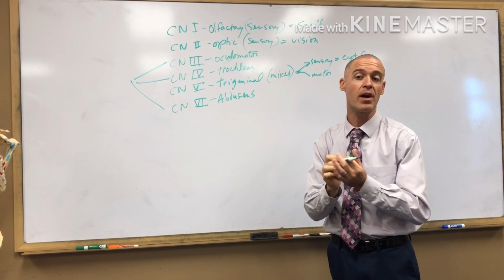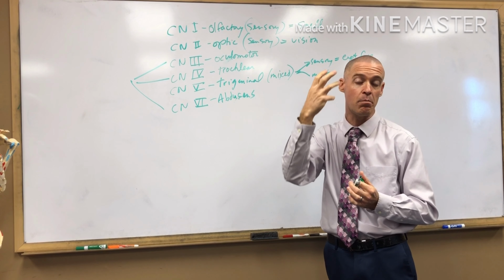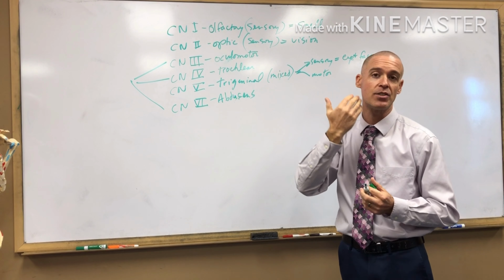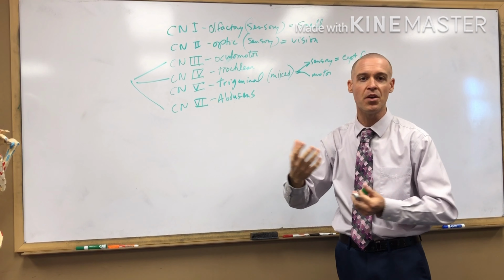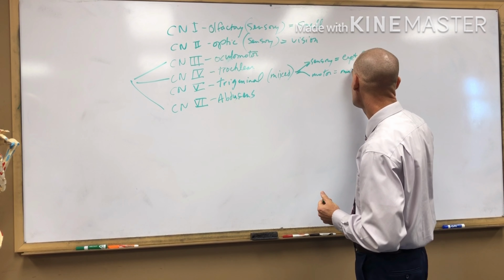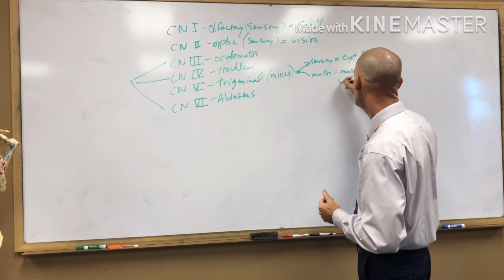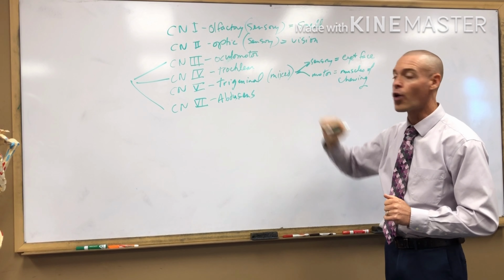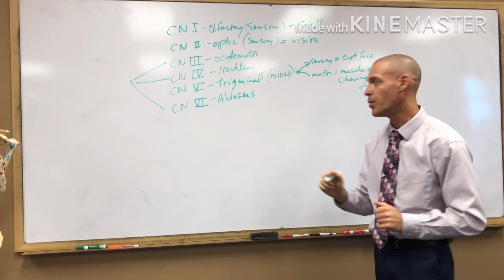So I can take a little wisp of cotton and put it in the corner of the eye. If they blink, that tests sensation. Also, I can check sensation on the face using a pinwheel or even a toothpick. And then motor is going to be muscles of chewing. Okay, trigeminal is muscles of chewing. So that is our two components there for a mixed nerve, sensory and motor.